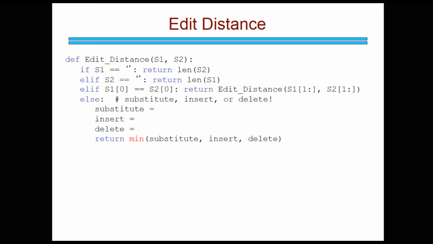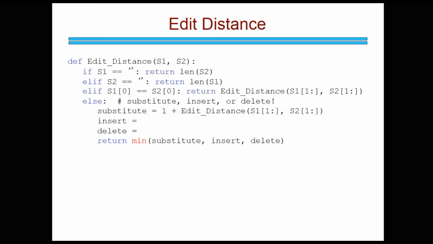The first option is to substitute these two first characters. Another option is to insert one character from S1 into S2. And the third one is to delete one element from S1. At the end, we need to take the minimum of these 3 options, and this is going to be our edit distance.